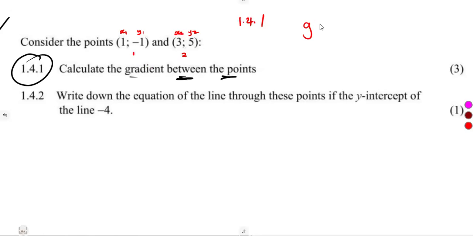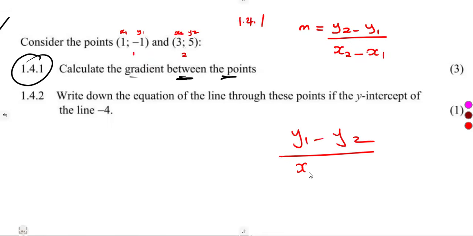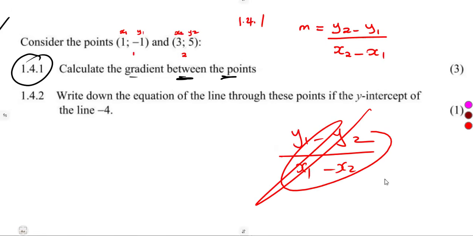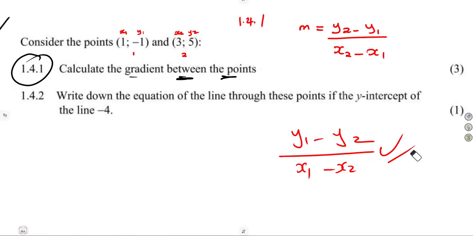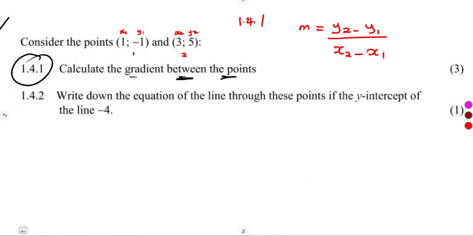From our formula, the change in y over the change in x: y2 minus y1 over x2 minus x1. You can also use y1 minus y2 over x1 minus x2. It is one and the same, you're going to have the same answers there.